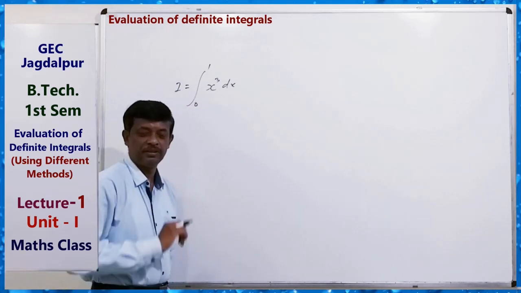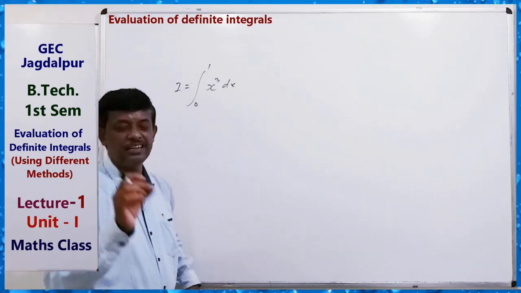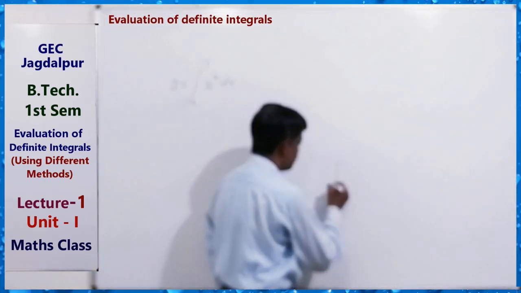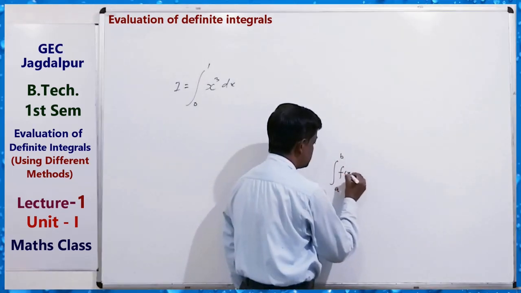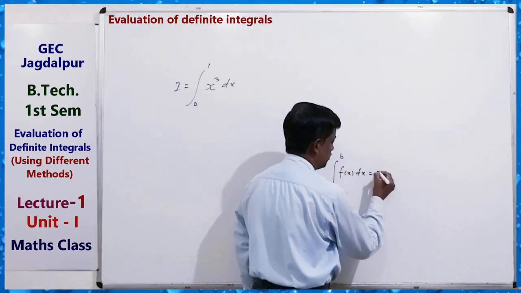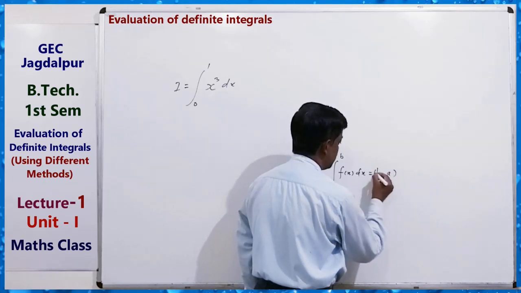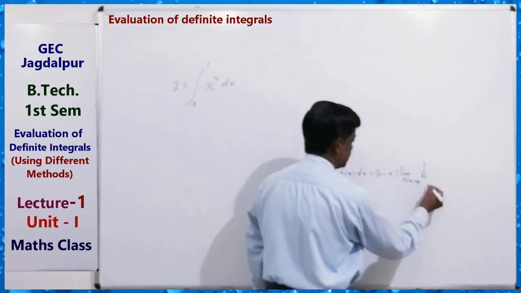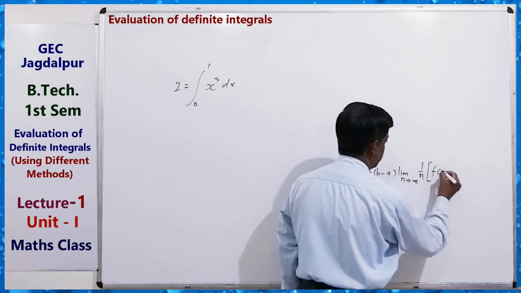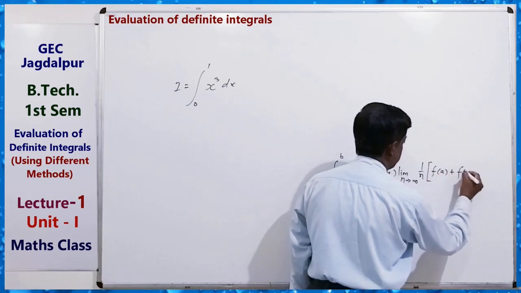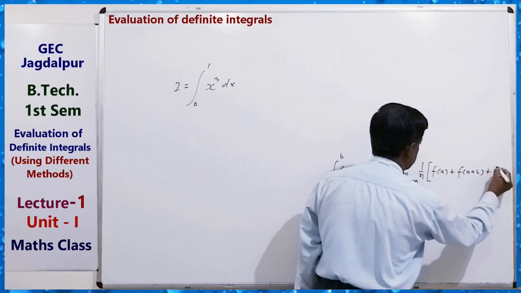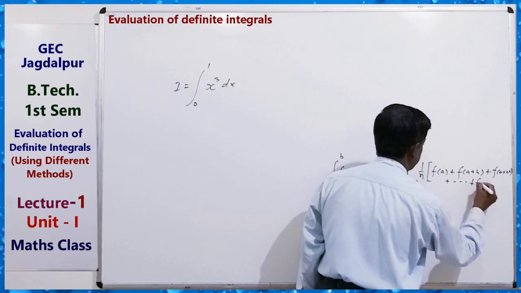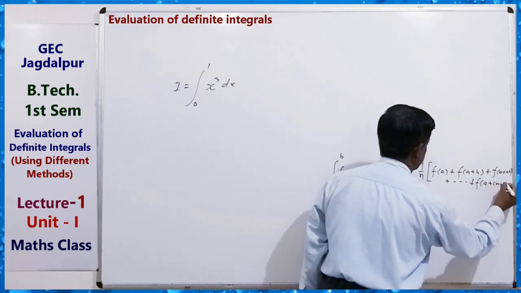First, if we want to find the value by using definite integration as a limit of sum, then we know the formula: the integral from a to b of f(x) dx equals (b minus a) times the limit as n tends to infinity of 1 by n, times [f(a) plus f(a plus h) plus f(a plus 2h) plus and so on, up to f(a plus (n minus 1)h)].